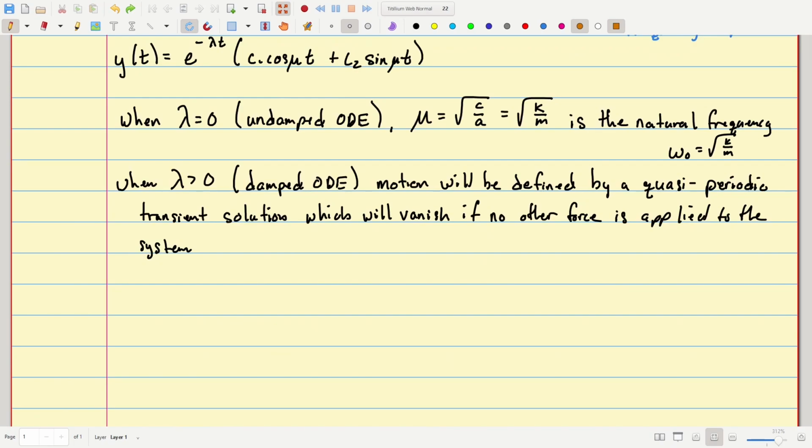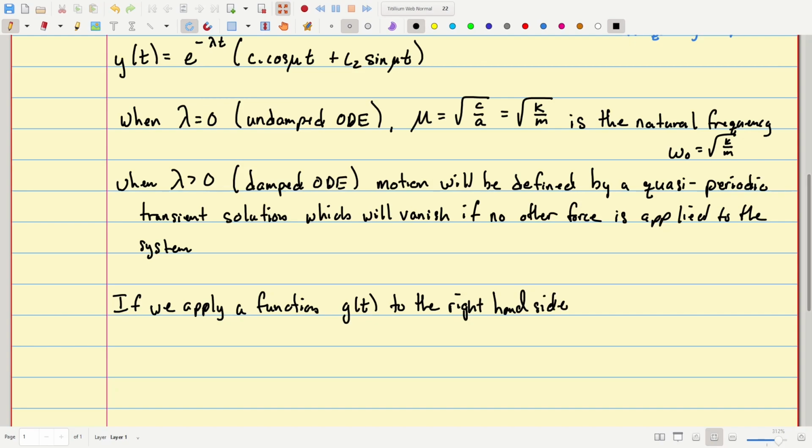Okay. We have a function g of t that we apply on the right-hand side.